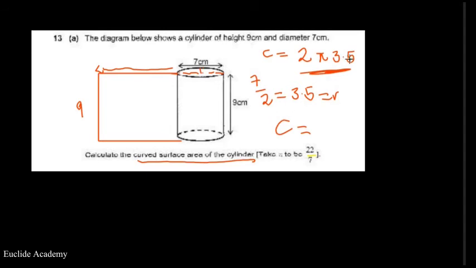So let's do 2 times pi times 3.5 on our calculator. What do we get? Alright, since this is paper 1, we don't have to use a calculator. So we say 2 times 22 over 7 times 3.5.